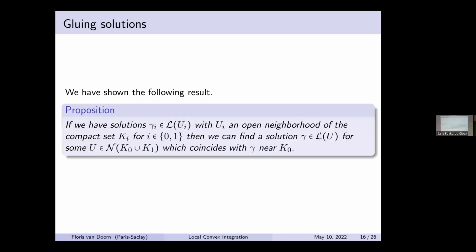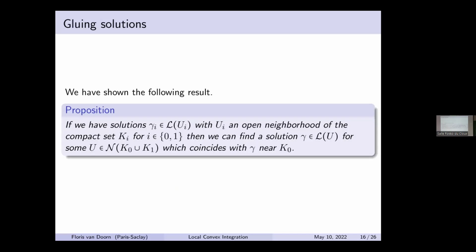And so what we've finally shown is that if you have two solutions, gamma 0 and gamma 1, on U_i, which are neighborhoods of a compact set K_i, then we can find a solution not on all of U0 union U1, but at least in a neighborhood of the union of the compact sets.